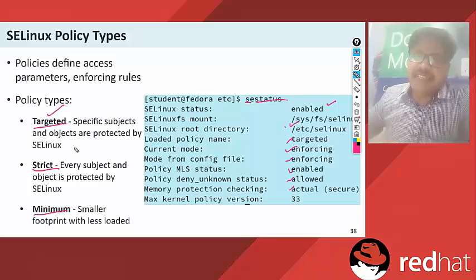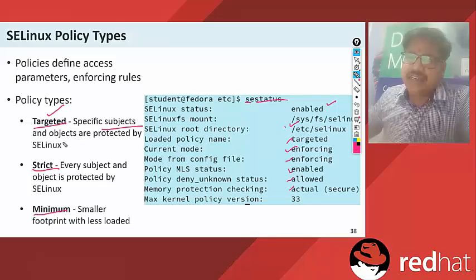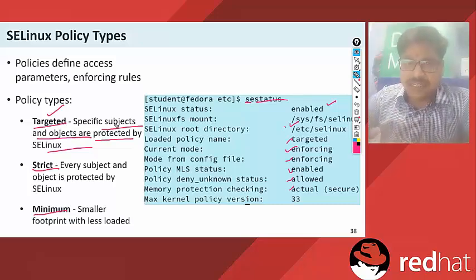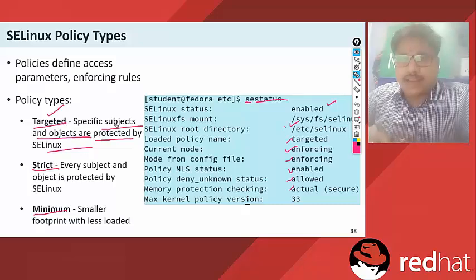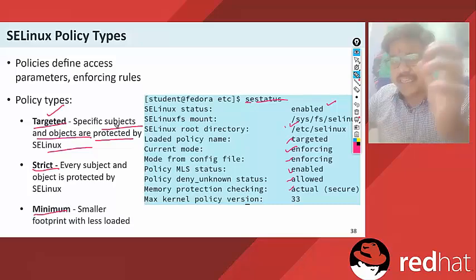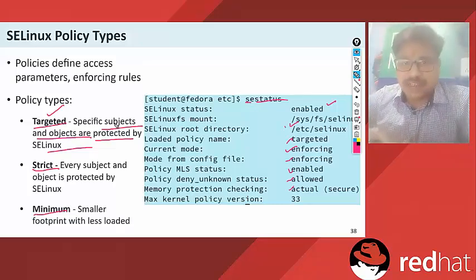Targeted policy means the specified subject and object are protected by SELinux. Both the subject who is going to access the object and the object which is going to be accessed by the subject are targeted. Another is strict.